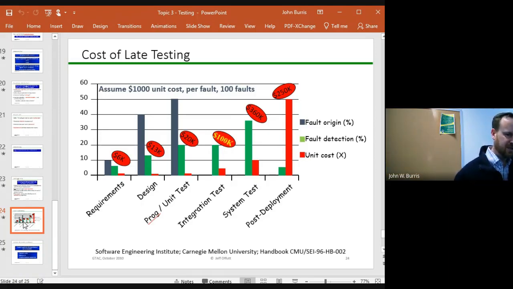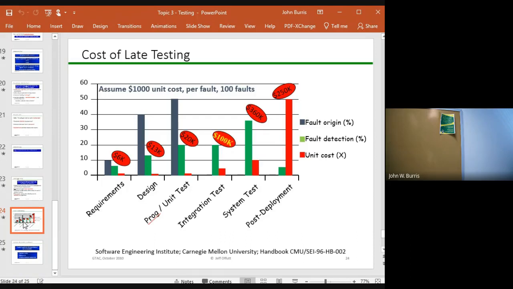Now, there's a couple of things here. This is a bar chart where on the x-axis, you see the phases of development for a waterfall life cycle, which doesn't apply well to agile development. But this is an application of fault origin and cost to the waterfall life cycle.